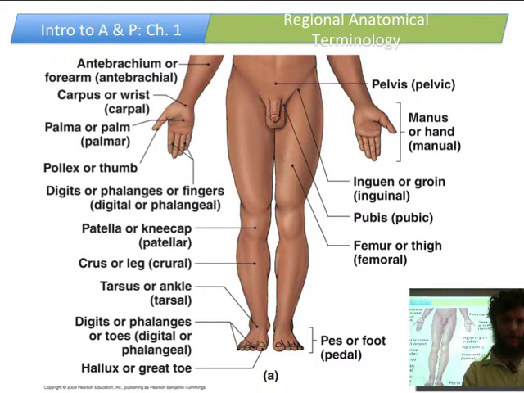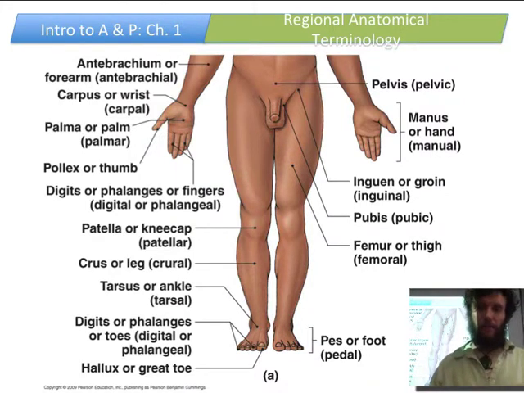All right. So the antebrachium is your forearm, antebrachial. Carpus is the wrist or carpal. Palm, of course, or palmar surface of your hand. Pelvis or pelvic, I think those are common. Manus, manual is the entire hand. Inguine.